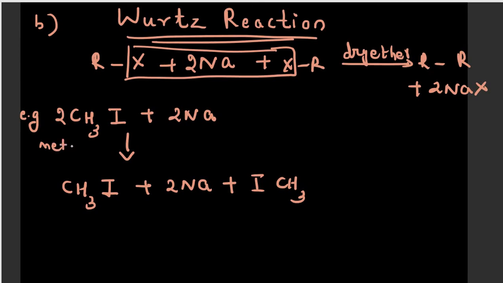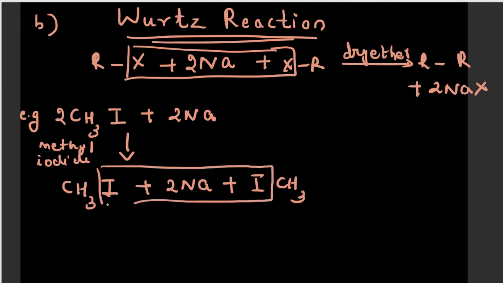It is our alkyl halide, methyl iodide. So here you can see that what is our reaction? Again we can write it as we are getting an alkane. What is that? We are getting ethane. So from methyl iodide we are getting ethane plus what? Sodium iodide.